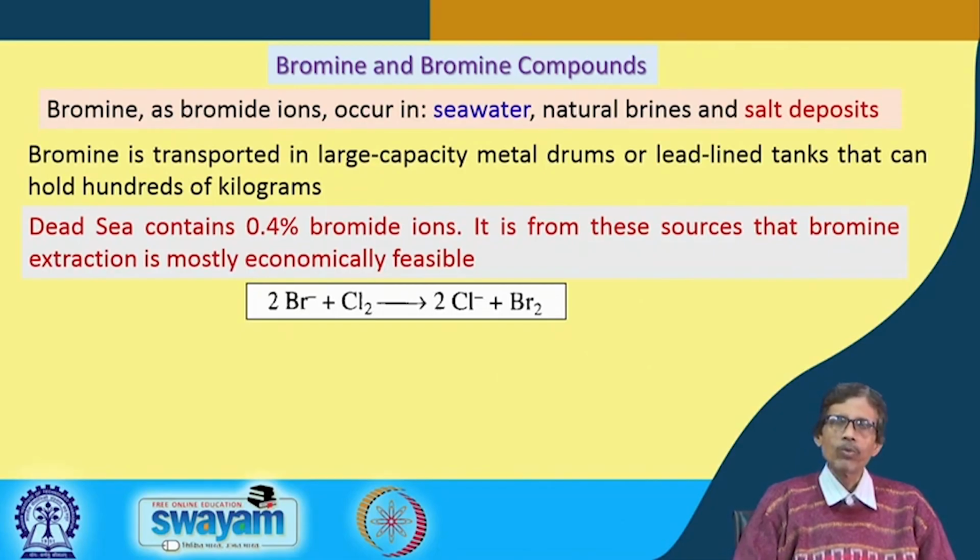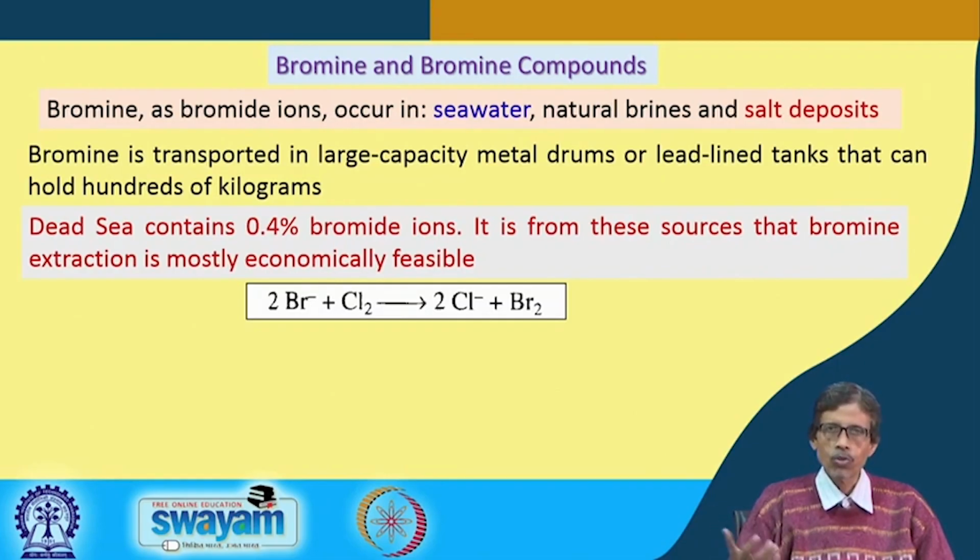So chlorine gas will function as the oxidizing agent, and as we have seen in our previous class, we have to produce chlorine gas industrially also. So that industry is also very helpful to produce bromine for us industrially, if we have a regular supply of sea water, natural brines or salt deposits for this reaction.